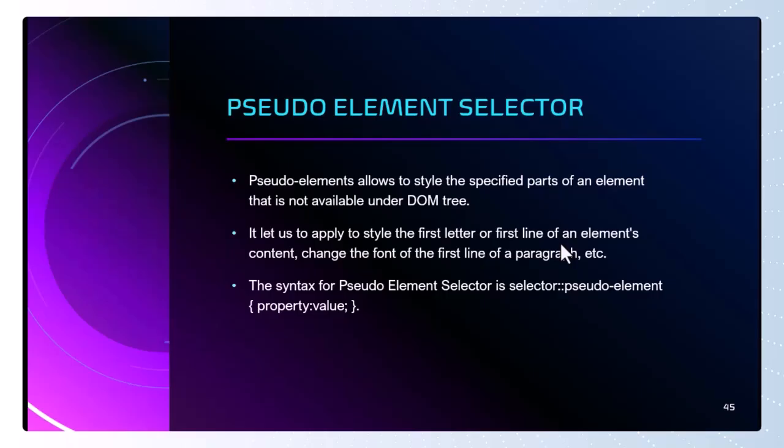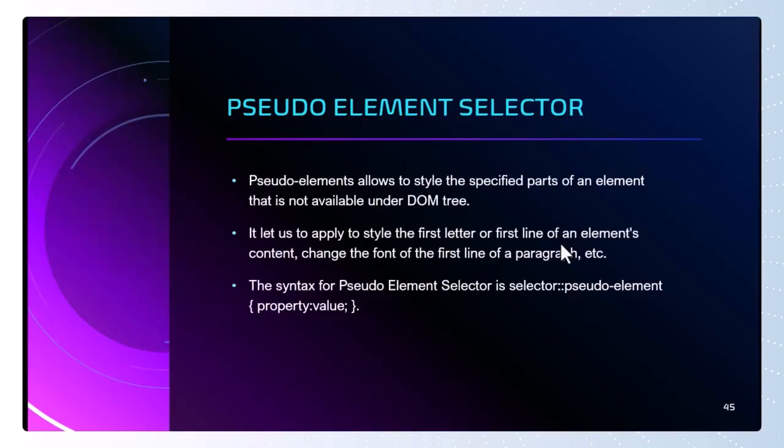Pseudo element selector. Pseudo elements allow you to style the specified parts of an element that is not available under the DOM tree, the document object model tree. It lets us apply the style to the first letter or the first line of an element's content, change the font of the first line of a paragraph, and more.